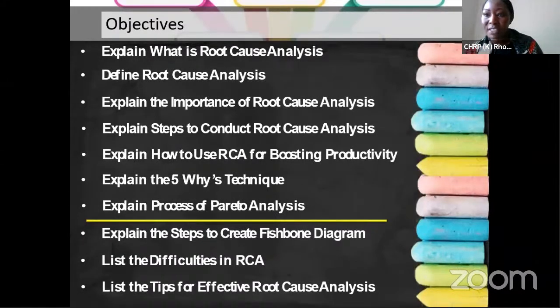Should we take a 5-minute break, then resume? Or should we continue so that we finish maybe early? We are left with the Pareto analysis, which is quite extensive. Then we look at the fishbone. Then finally, some difficulties, and also tips on how we can do an effective root cause analysis.